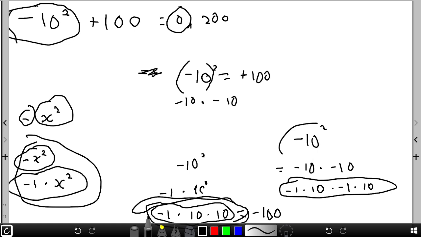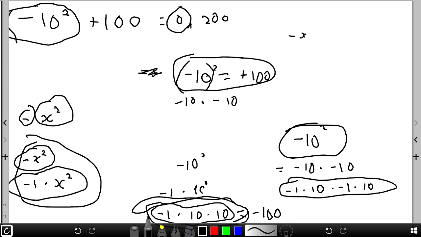And if it could be interpreted the way that some people think it is, in that it gives you a positive 100, there would be nothing wrong with that, but that's just not how we look at it, right? Because if you're given a quadratic like negative x squared plus x plus 2, and I say substitute in x equals 3, if you graph this quadratic, you'll get the value negative 9 plus 3 is negative 6, plus 2 is negative 4.